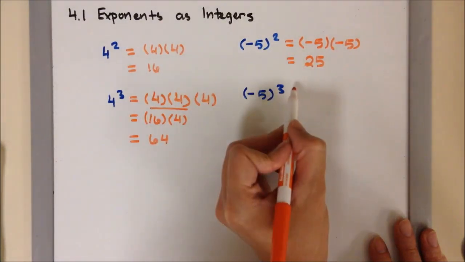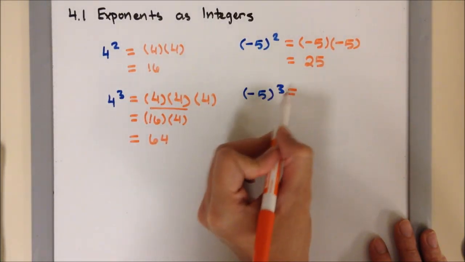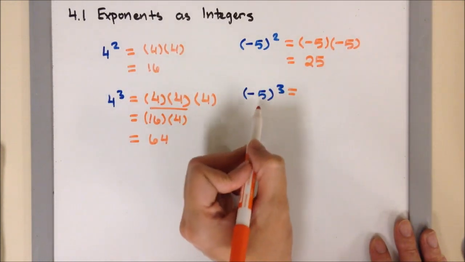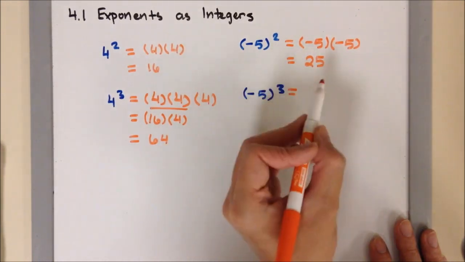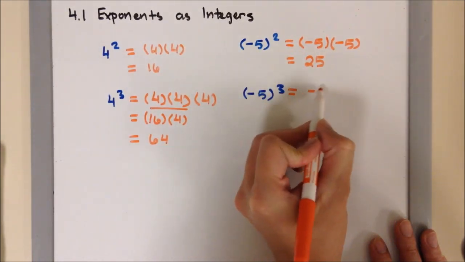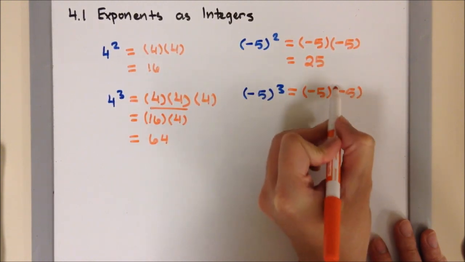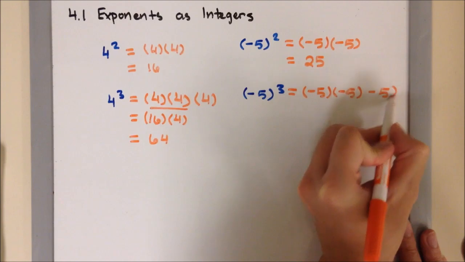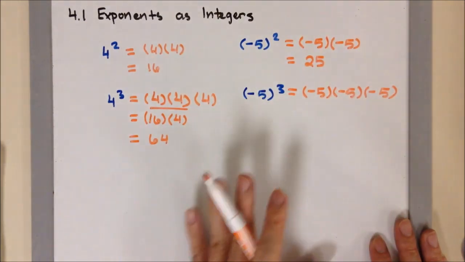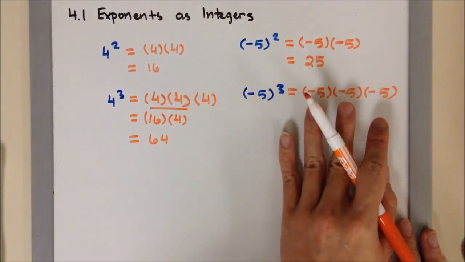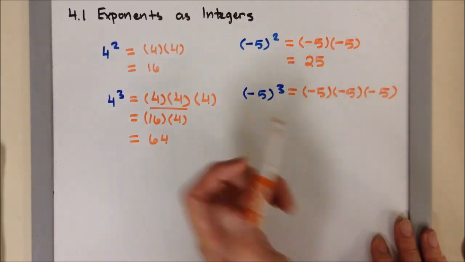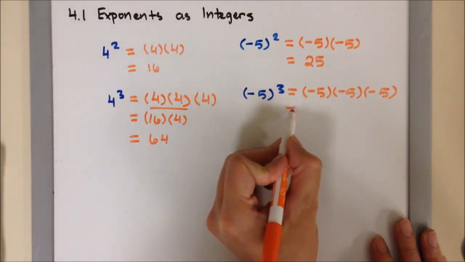Now the same process will be applied to this example. Negative 5 raised to the third power. So I'm going to write negative 5 3 times. Negative 5 times negative 5 times negative 5. Now, when you have numbers that are 3 times or more, it's always best you take it one step at a time.